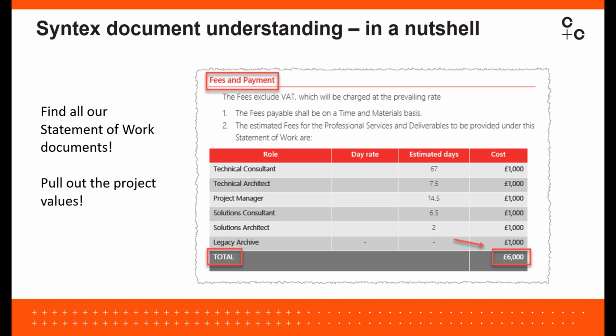So in this example, we train it to find the fees and payment section, except sometimes that might have a different name, like costs or investment. Then we train it to go and find a table and look for the bottom row, which is probably labeled total. And then if we find a currency amount over to the right, that's an important value in this context.